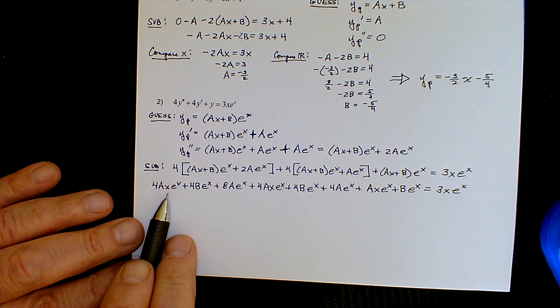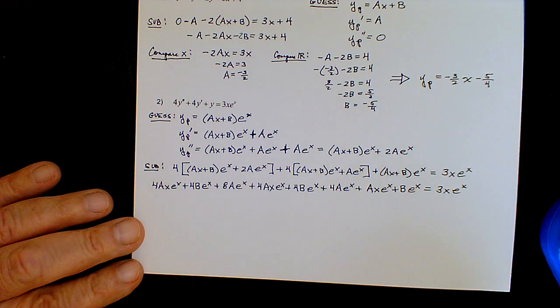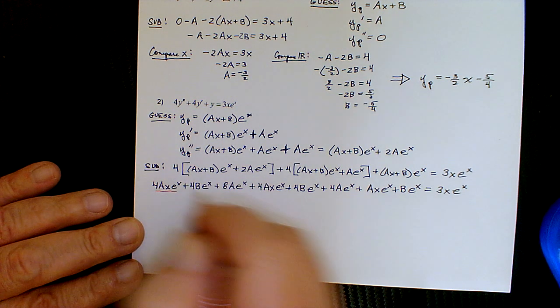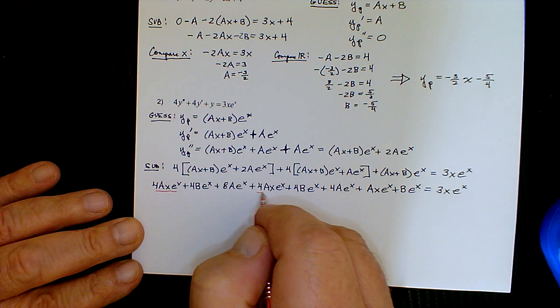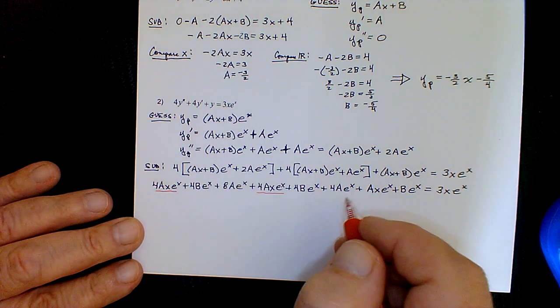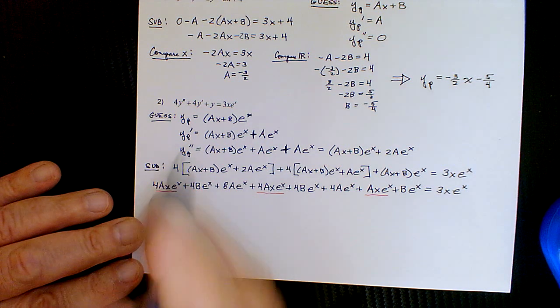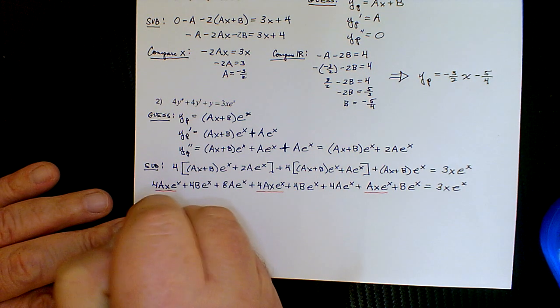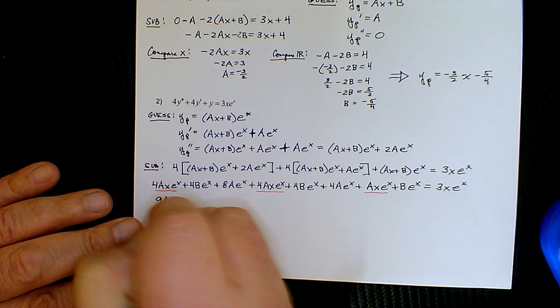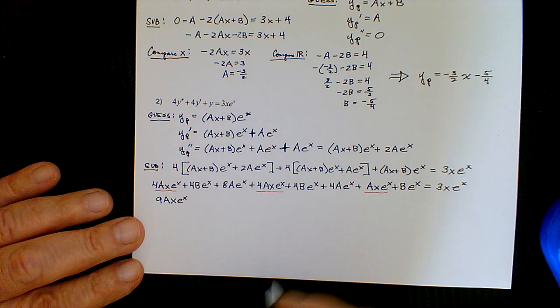But before we go on, let's see if we can combine some like terms. 4ax e to the x here, another 4 of them, and another ax e to the x. So I guess we've got 9ax e to the x in total.